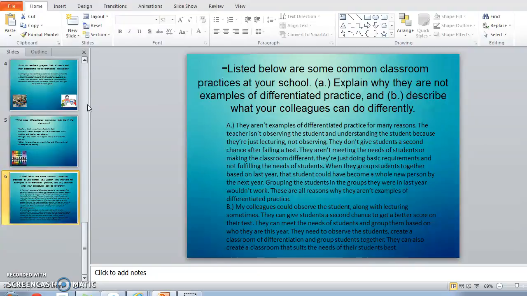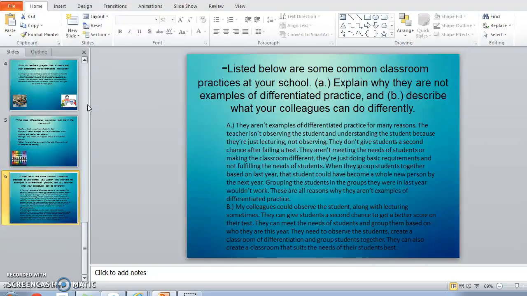Give them a fair chance to explain why they failed. Did they not have breakfast that day? Did something go on at home that prevented them from making a good grade on the test?